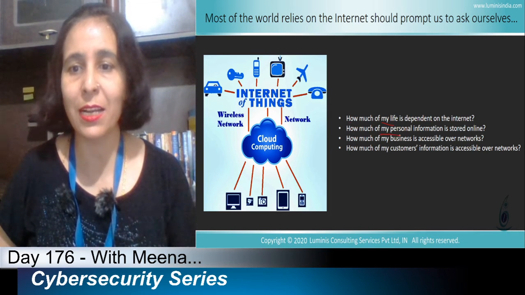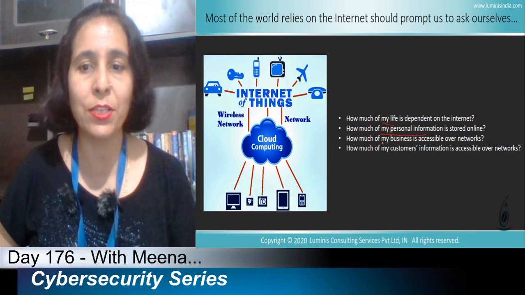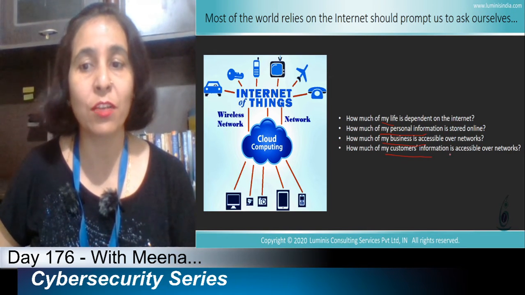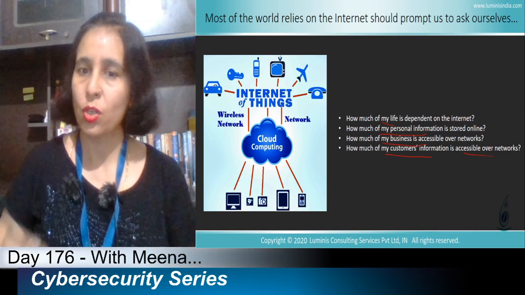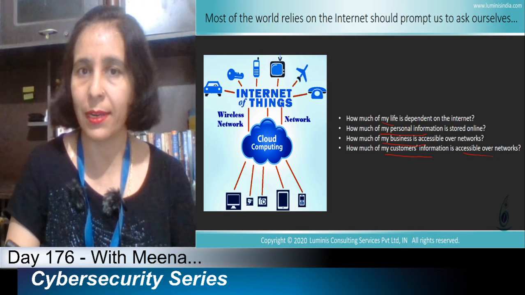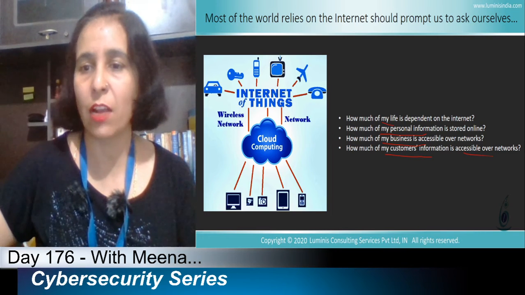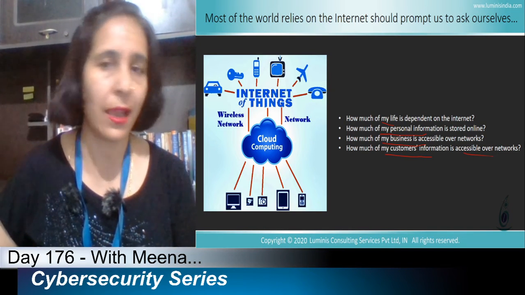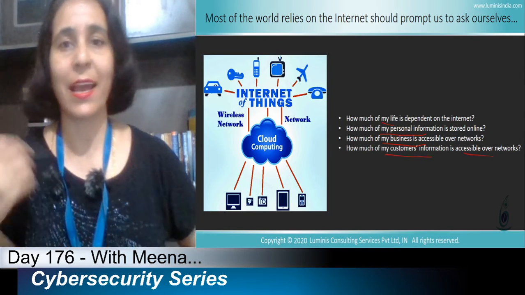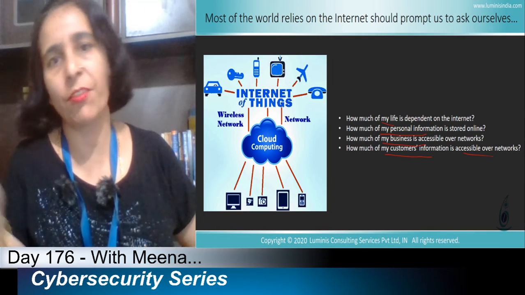How much of my personal data is stored over the internet, how much of my business is accessible over the internet or some network, and my customer information is accessible over the internet. We can say a lot of things are dependent on the internet or network. That means we are expanding ourselves onto a big network, and hackers can also access those resources which are available over the internet. That's why they are performing different kinds of attacks.